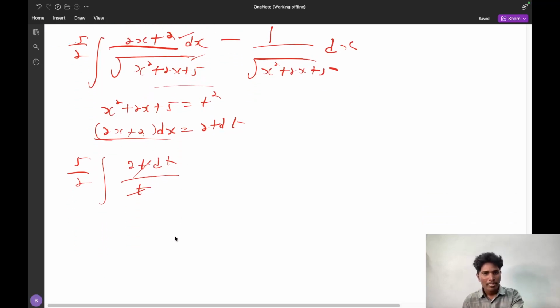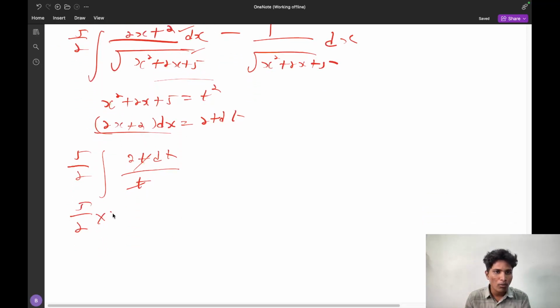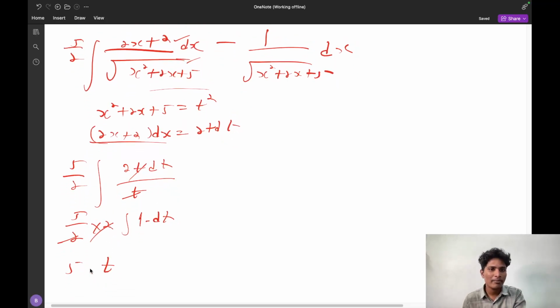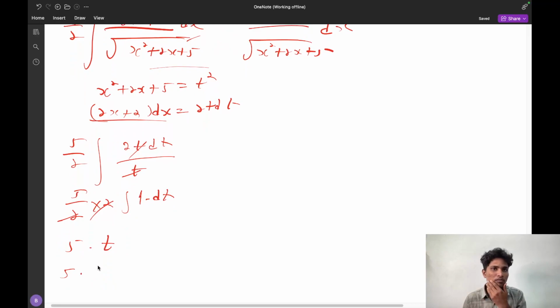So I will get 5 by 2 into 2 integral of 1 dt. The 2 will get cancelled, I will get 5 into t. What is t here? This is a square, so I can take the root. So 5 into root of x square plus 2x plus 5 is the answer for this integral.